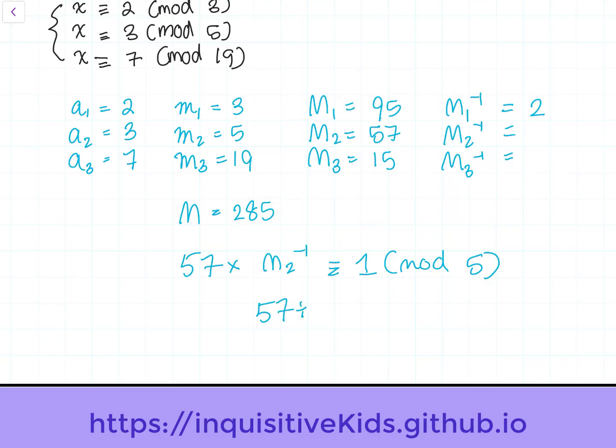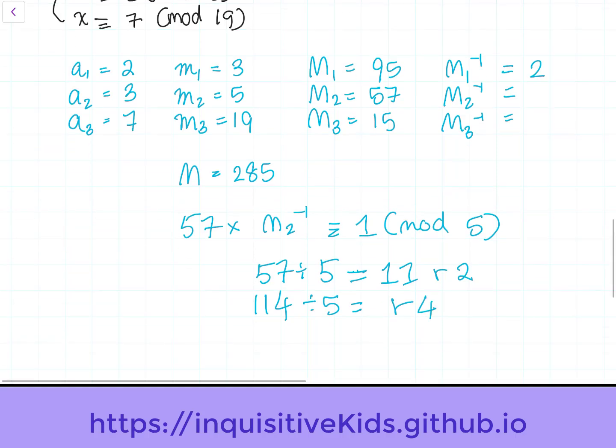57 itself divided by 5 would give us 11 remainder 2. 114 divided by 5 would give us a remainder of 4. And 171 divided by 5 would give us a remainder of 1, which means that 3 would be the value of the inverse of big M2.